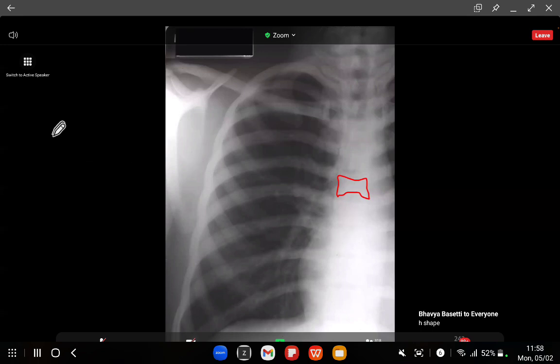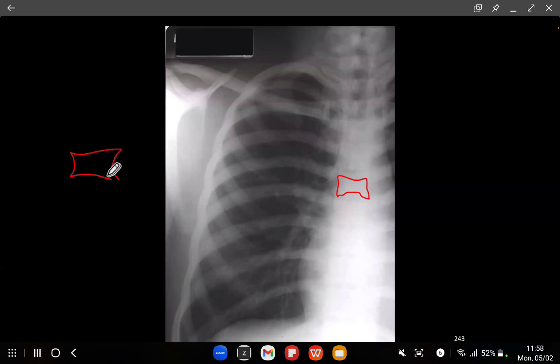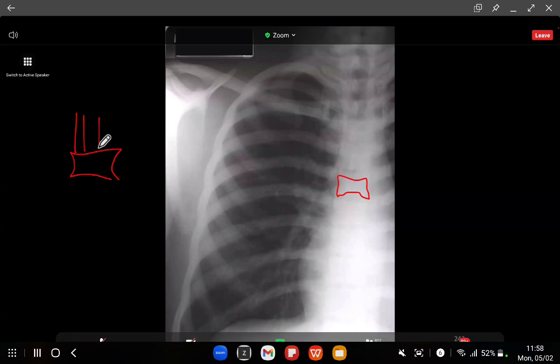Now, why do we get this? Okay, so that's normal, and we've got end arteries, and then in the periphery we've got, I'm going to have to erase that. Start again.